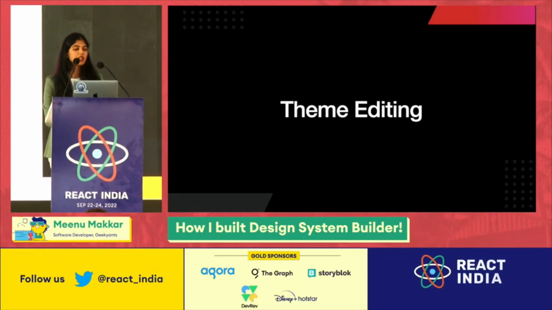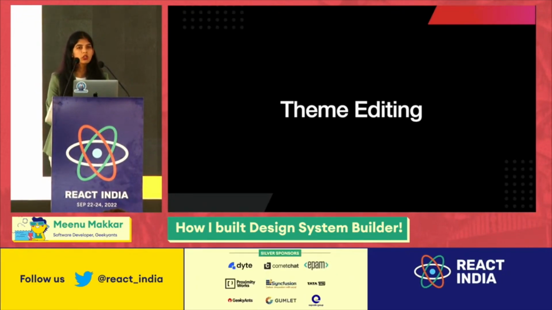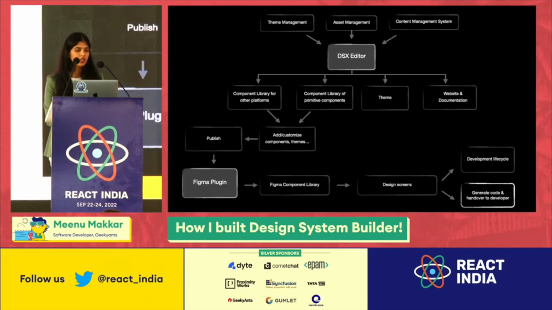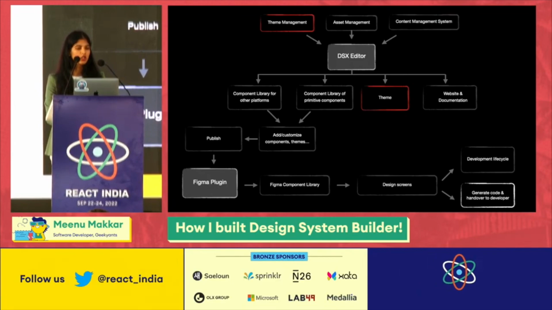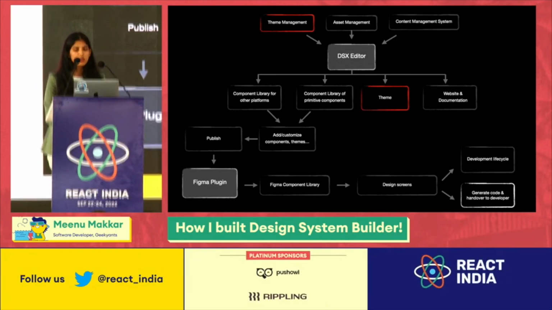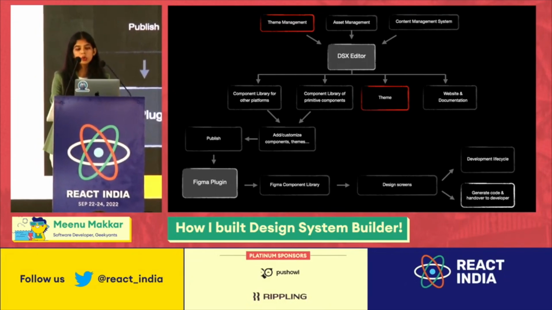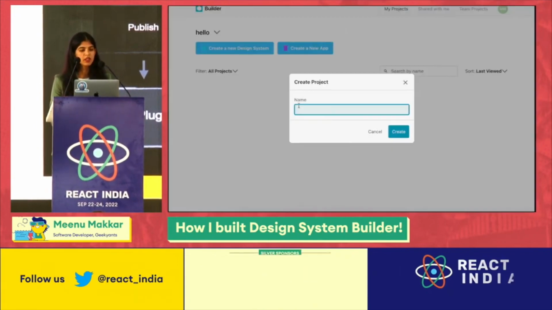Let's see how we are creating a theme on top of a library through this visual editor. We created a visual feedback tool to manipulate NativeBase foundation and component themes, which will help users create a customized component library for themselves according to their brand requirements.